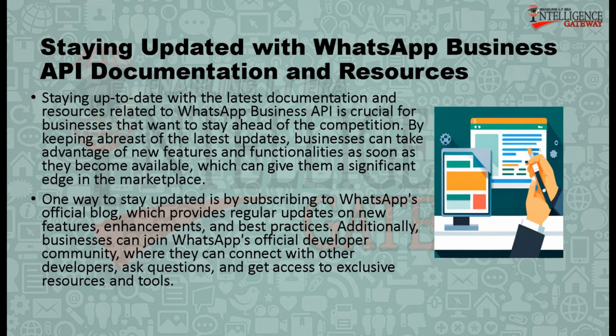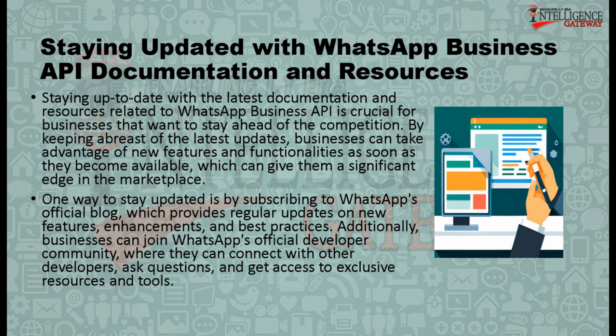Staying updated with WhatsApp Business API documentation and resources. Staying up to date with the latest documentation and resources related to WhatsApp Business API is crucial for businesses that want to stay ahead of the competition. By keeping abreast of the latest updates, businesses can take advantage of new features and functionalities as soon as they become available, which can give them a significant edge in the marketplace.